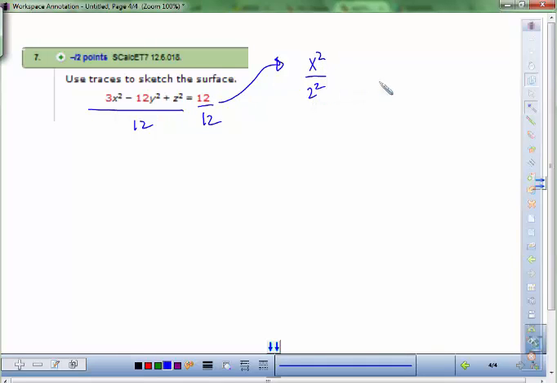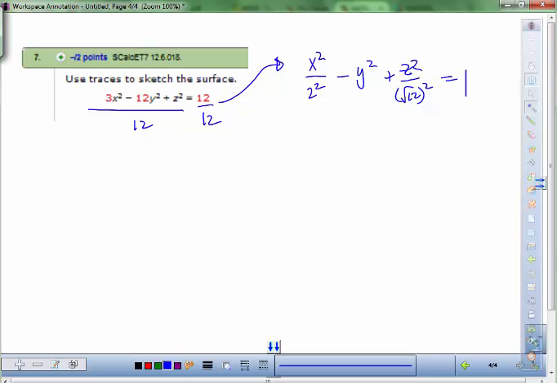We can call that 2 squared, minus y squared over 1, and then z squared over square root of 12 squared. So that's just 12, and that's equal to 1. If they all had the same sign, then this would be an ellipsoid, 3-dimensional.